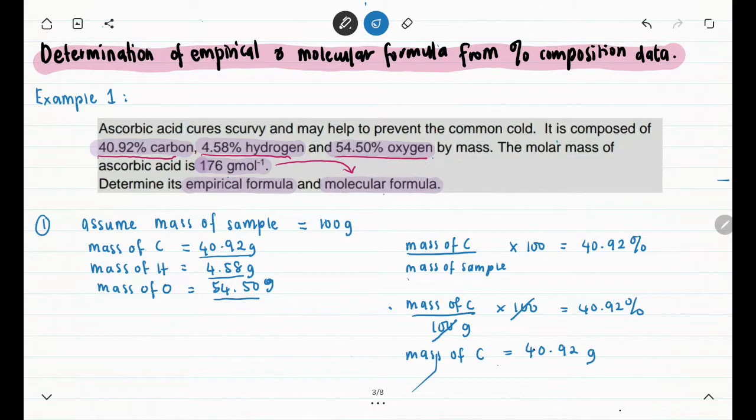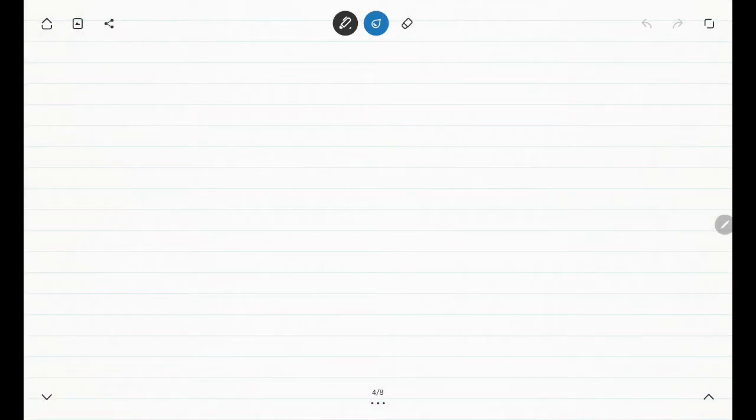Okay, so after we get the mass of each element, we will use a table. The first row is element. Right now our elements are carbon, hydrogen and oxygen.